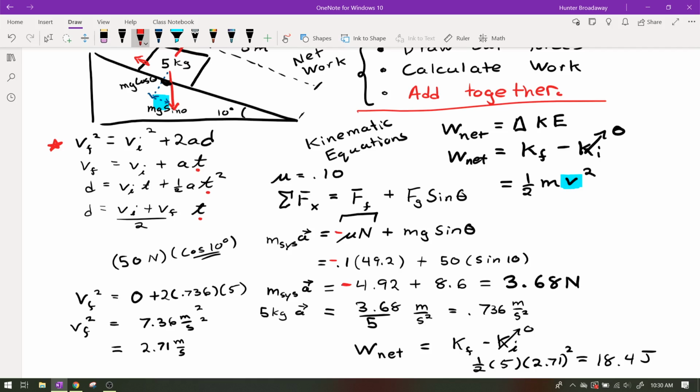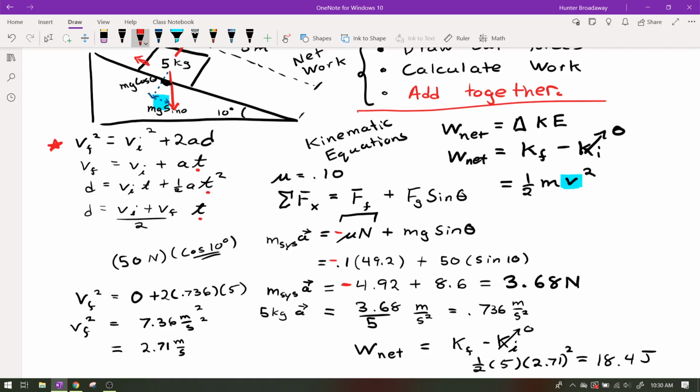If you take the exact same problem that we just did, where you've got a 5 kilogram object sliding down the ramp, and you put wheels on it, that will lower the friction between the ramp and the object, which means your acceleration will increase.